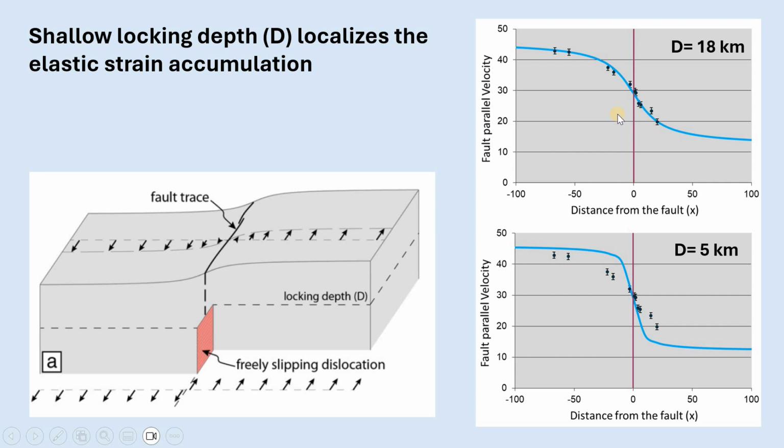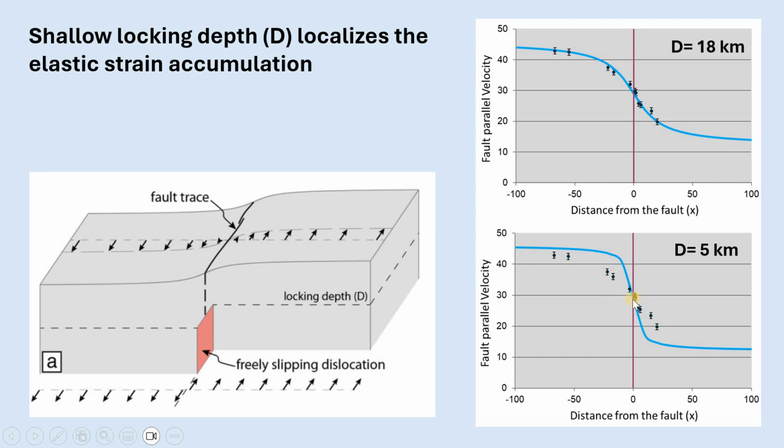And so what we see here is if we make our prediction using a locking depth of 18 kilometers, that's pretty deep, we get an excellent fit to the GPS stations. So our screw dislocation in the elastic half space gives us an excellent fit here. However, if we reduce the locking depth to 5 kilometers, we don't fit those GPS velocities very well at all.